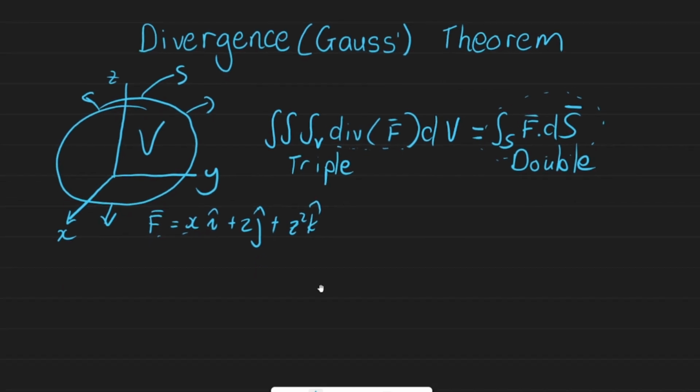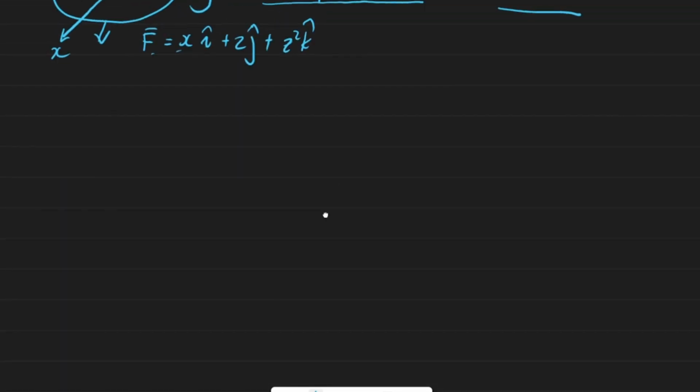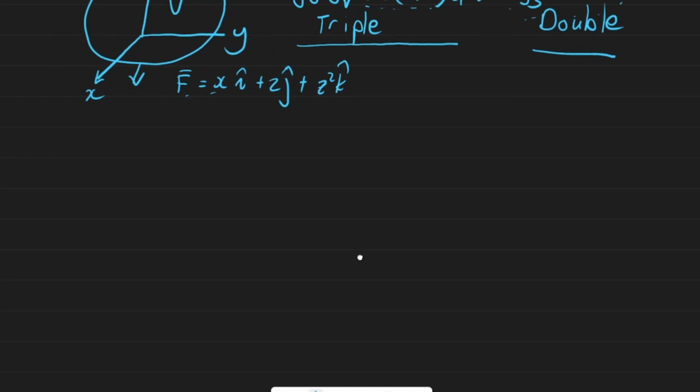What we'll do is take some kind of vector field and some kind of shape, find the left-hand side and the right-hand side, and show that they are equal. The example that we'll look at uses this same vector field that I've written here, F equal to xi plus 2j plus z squared k.